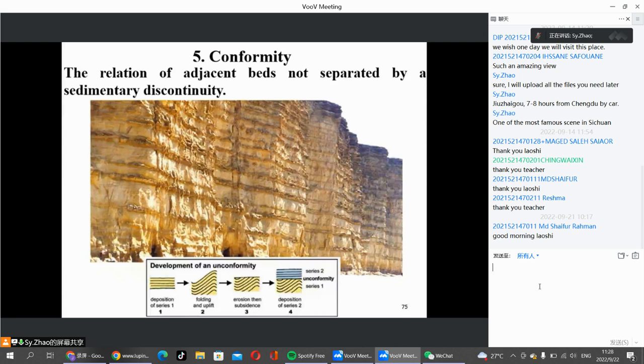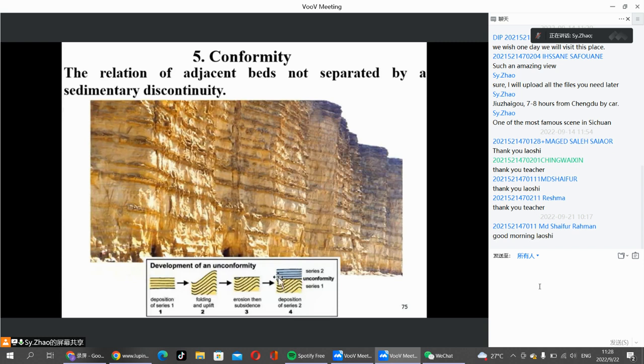Unconformity is a plane of break between two sequences of rocks with different dips. It indicates a period of Earth movement and tectonic deformation between the times of sediment deposition. It forms a major structural break.